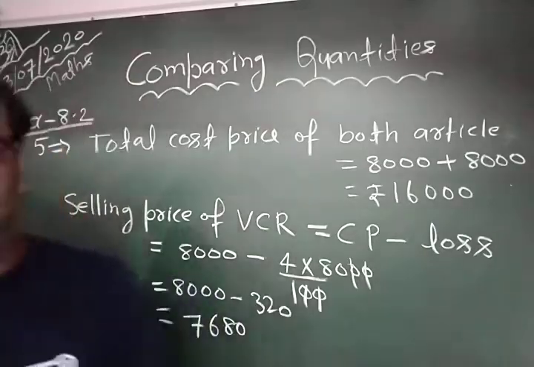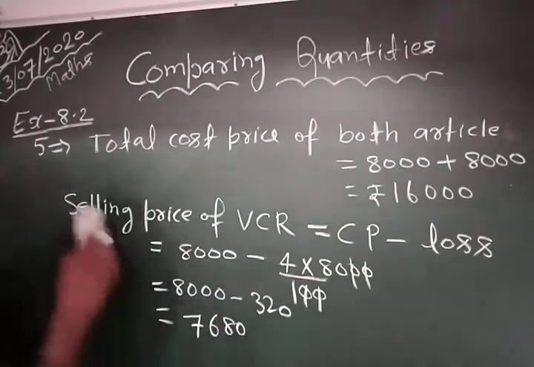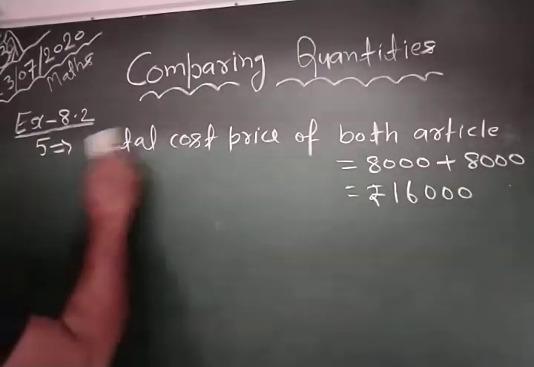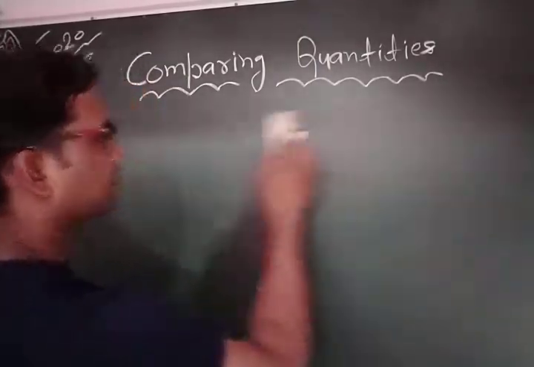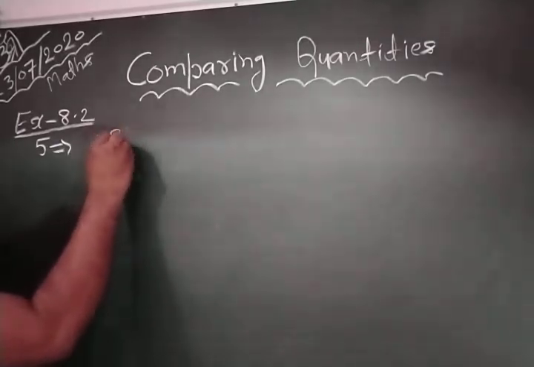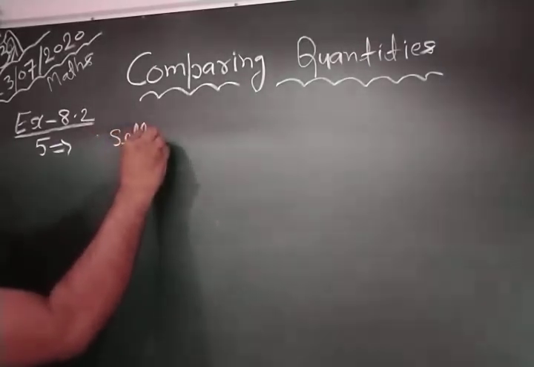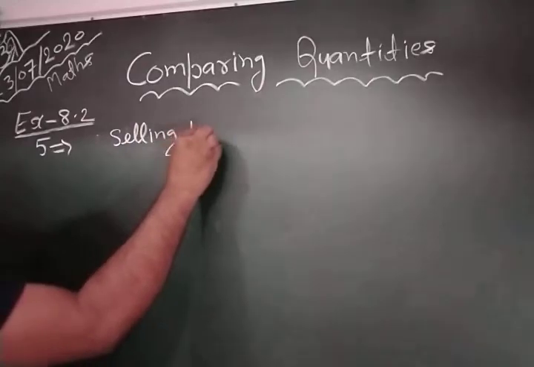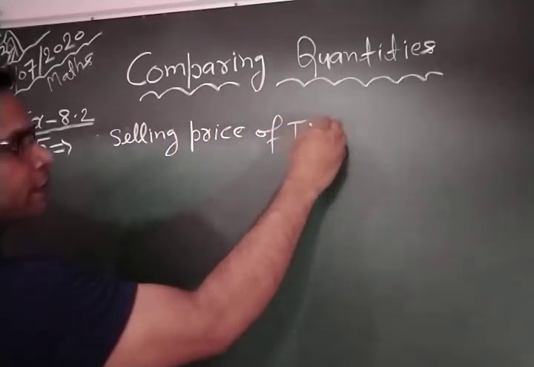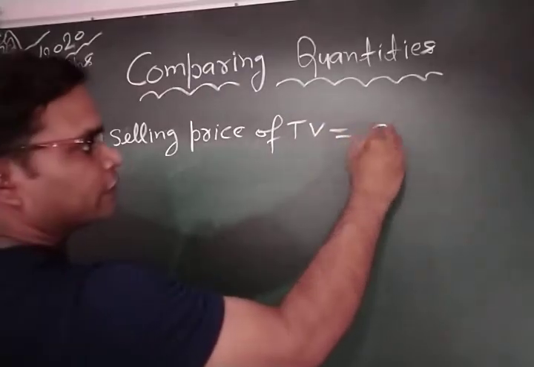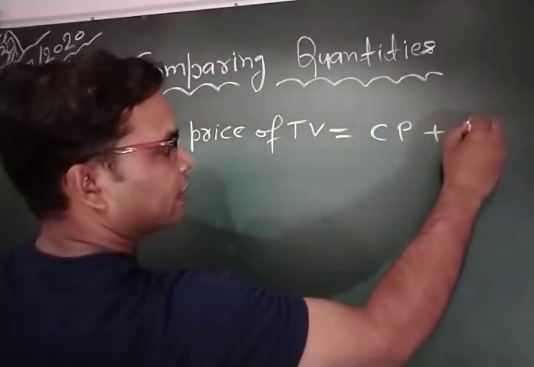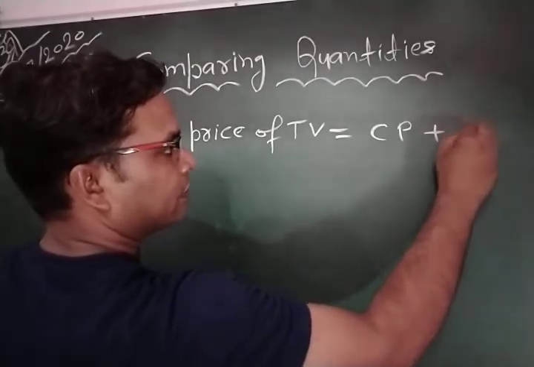So we find the selling price of the TV. This is equal to CP plus profit, because in this case the shopkeeper obtained profit.